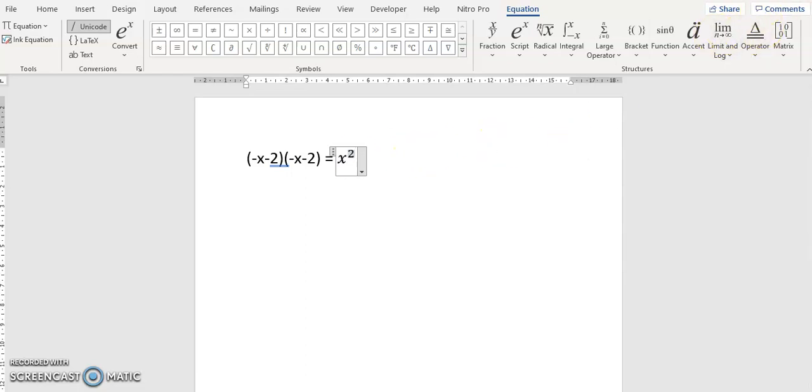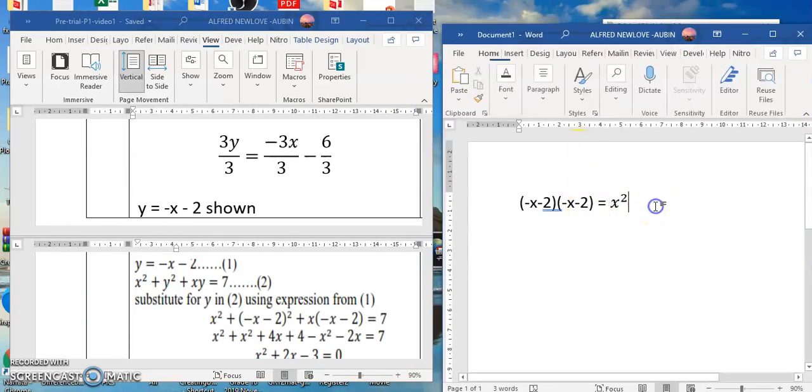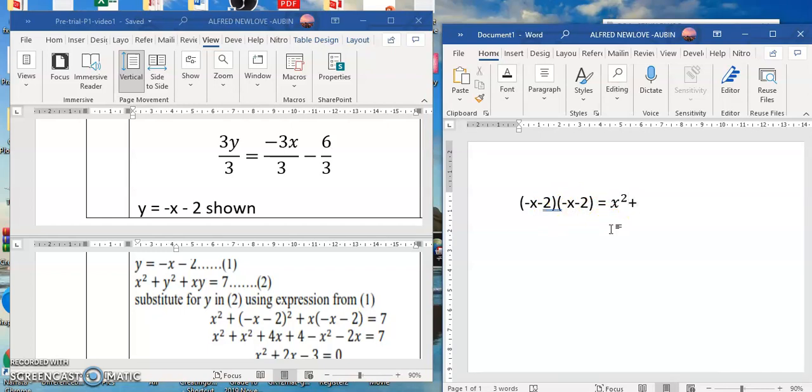Then minus x times minus 2. What is that going to give us? Plus 2x. So the first one, this times this, is going to give us x squared. Then this times this, that is minus x times minus 2, is going to give us what? Plus 2x. How do you press that on the calculator?